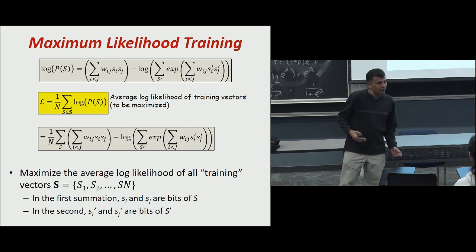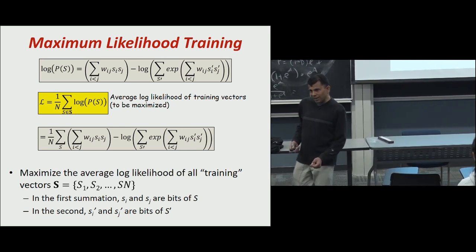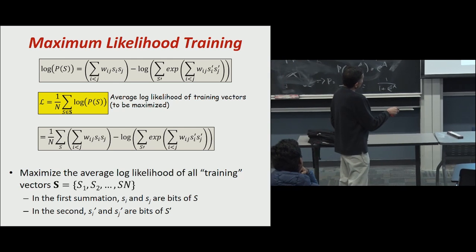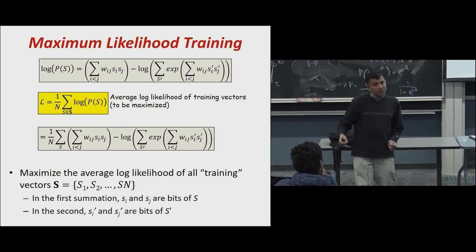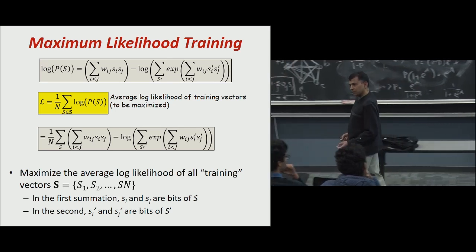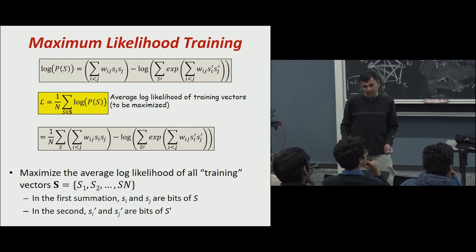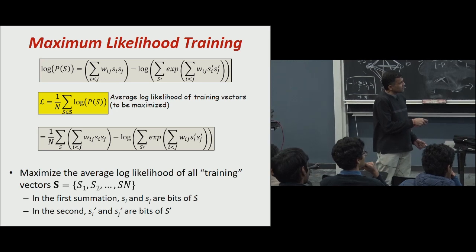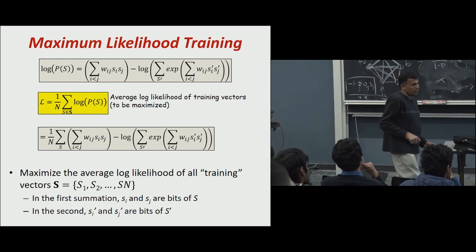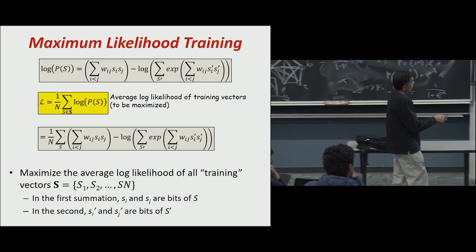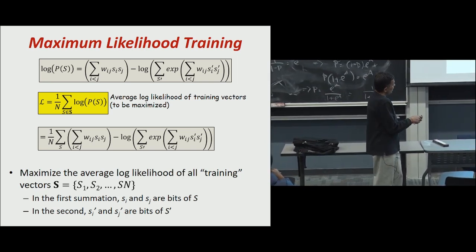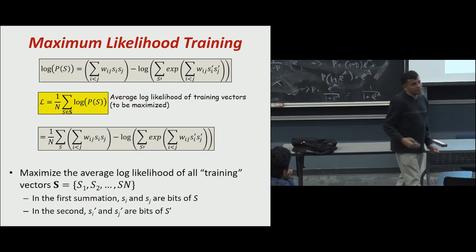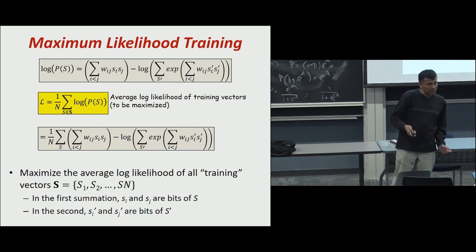The averaging operation goes away, right? So this log likelihood is the average of this first term, which is basically the weighted sum of the pairs of states, every pair of states, minus the log of the normalizing constant, which is the sum over the exponentially large set of states of the exponent of the energy associated with that state, right?